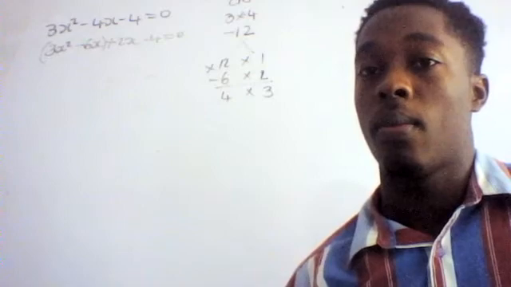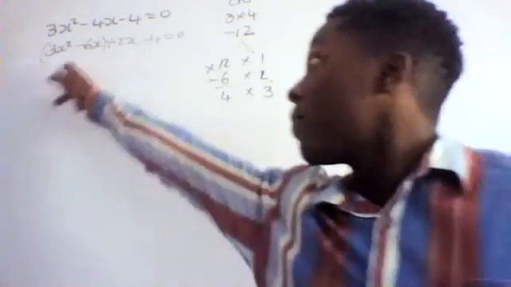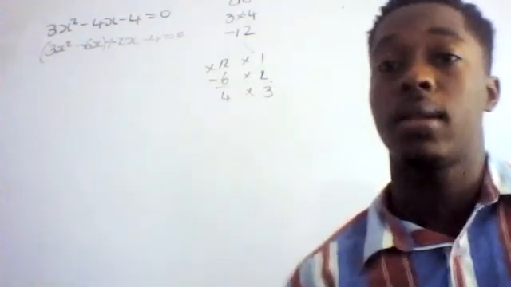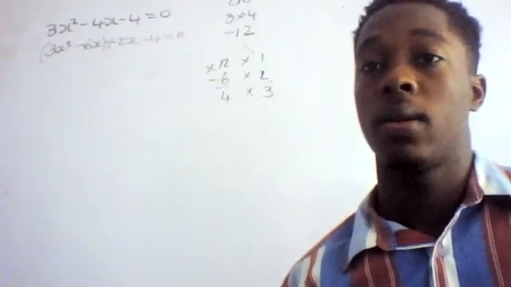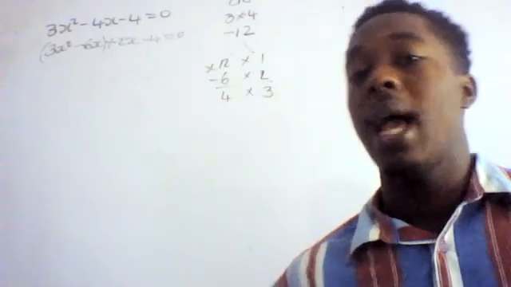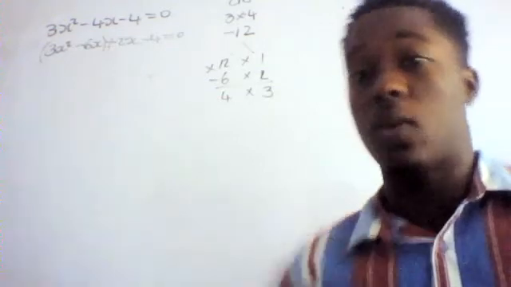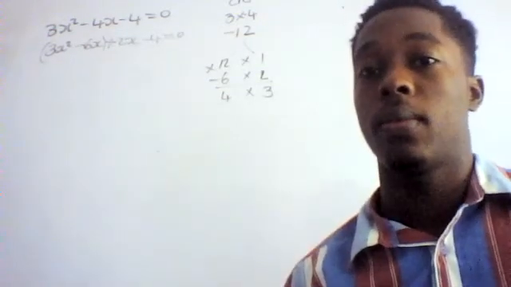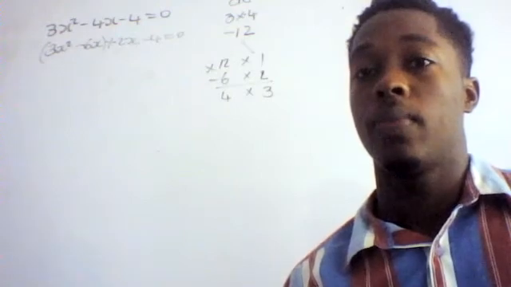Could you please repeat that, sir? What's the highest common factor of 3x squared and 6x? What's the highest number we can take out of these two values? Oh, of 3x squared and 6x? Yes.